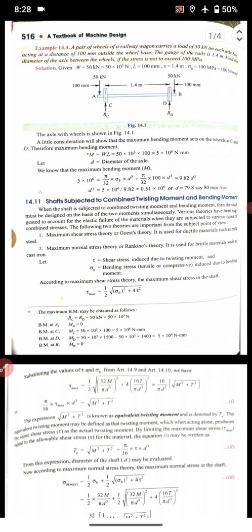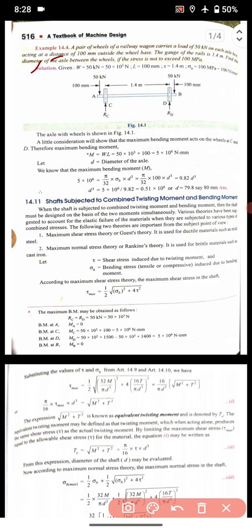You know that there is an axle box on the wheel, and this axle box is located at a distance of 100 millimeter outside the wheel base.